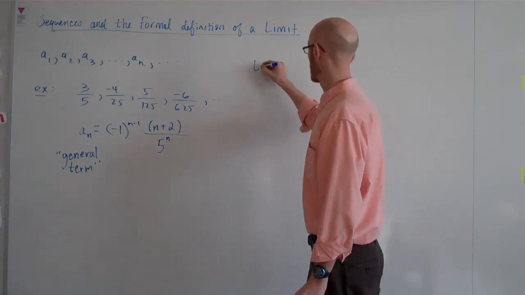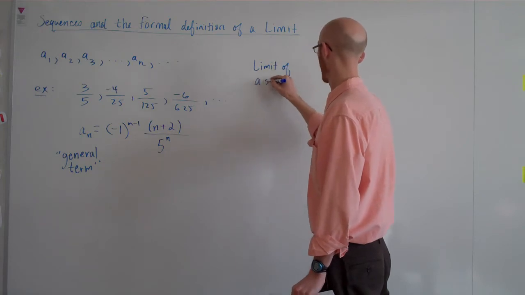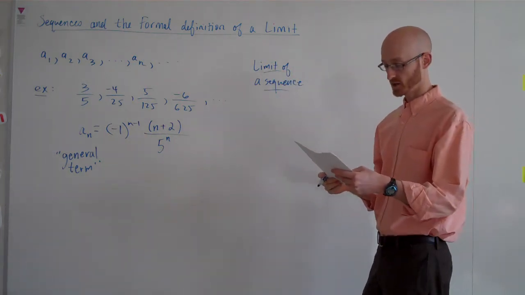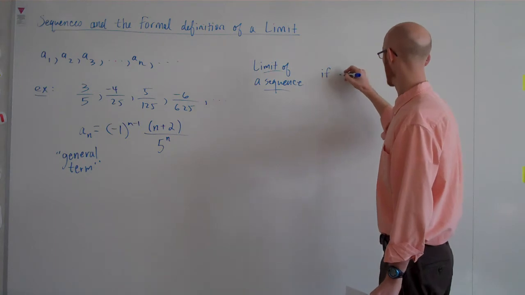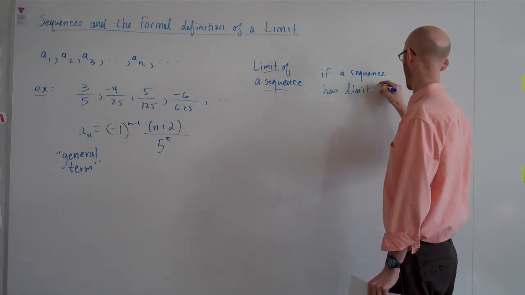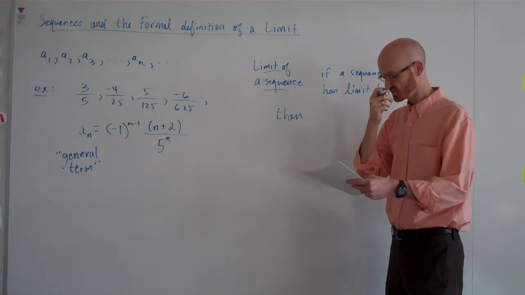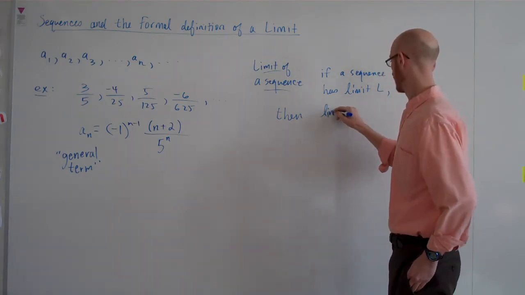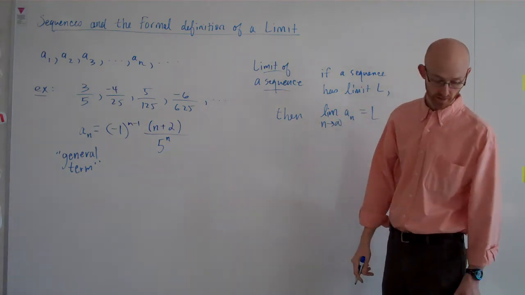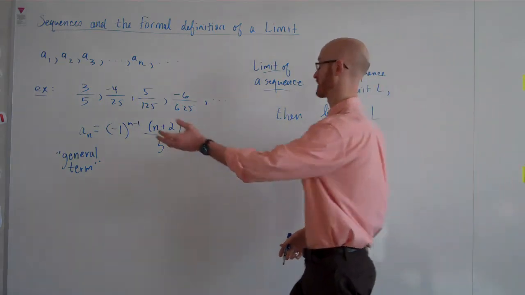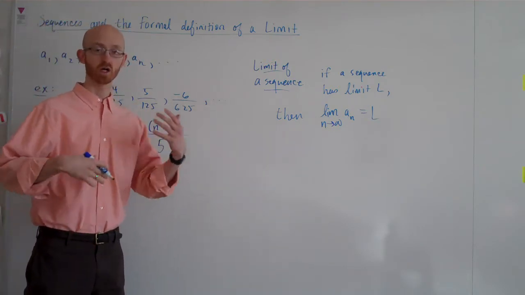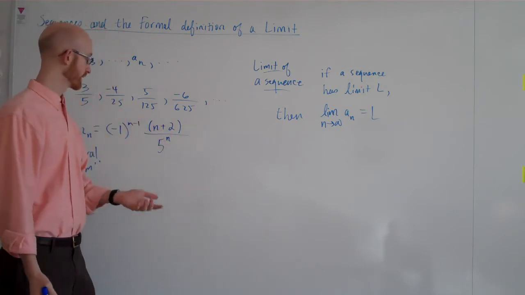Now, the limit of the sequence. If a sequence has limit L, then we say this: limit as n approaches infinity of the sequence a sub n is equal to L. So in other words, if we were to take this list and just follow it all the way out to the 10 billionth term, what is this sequence getting closer and closer and closer to?